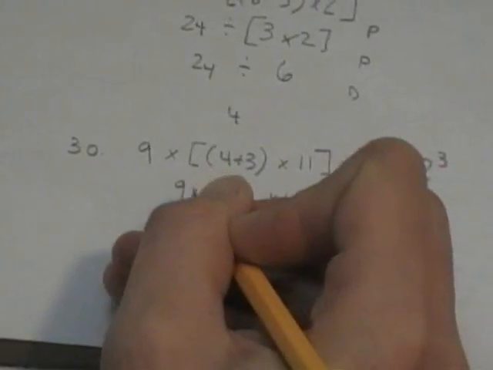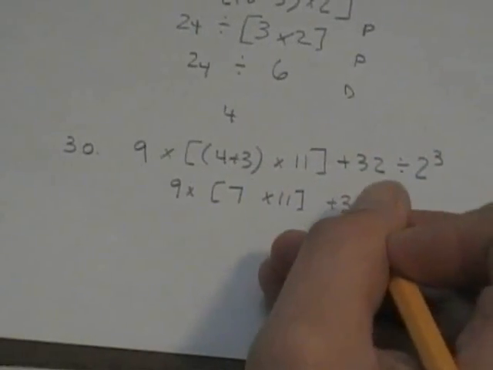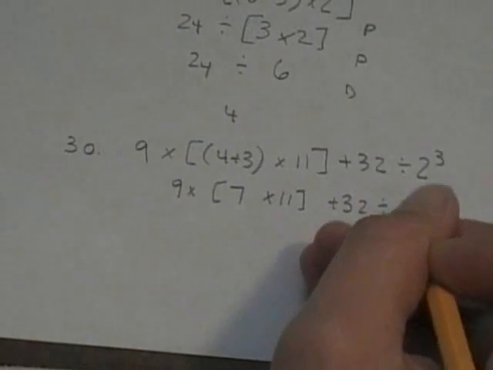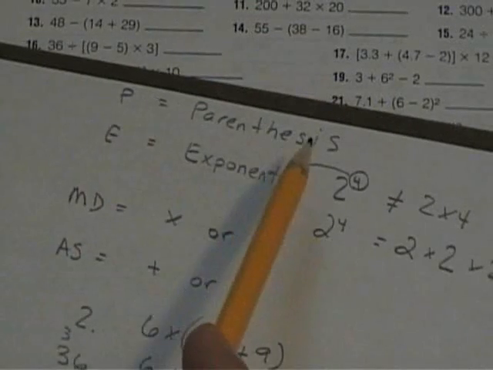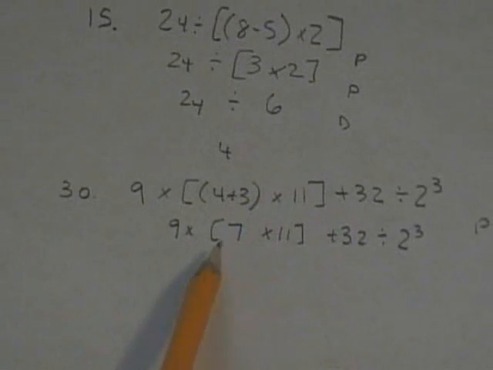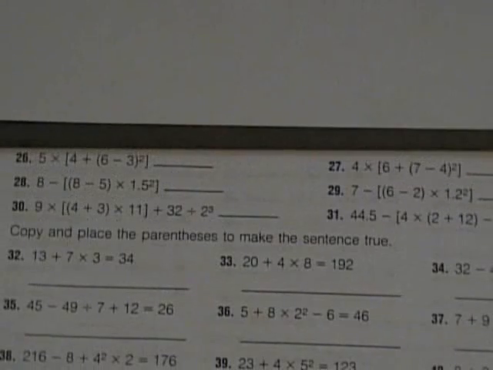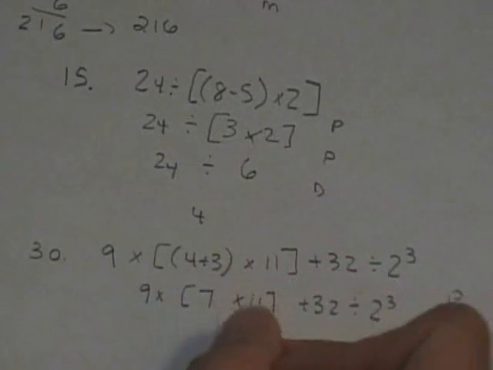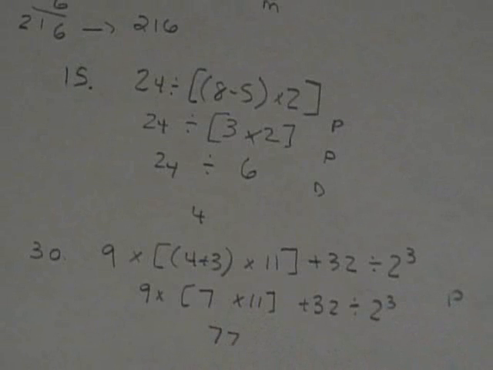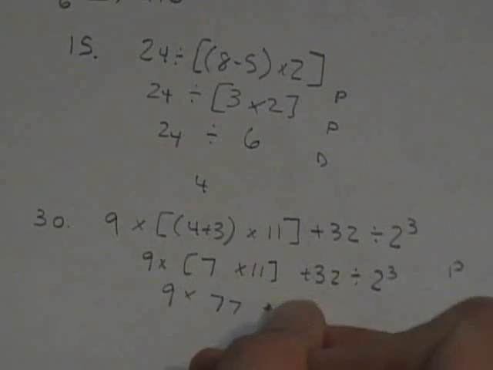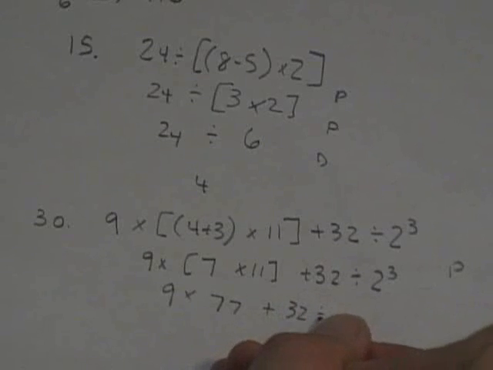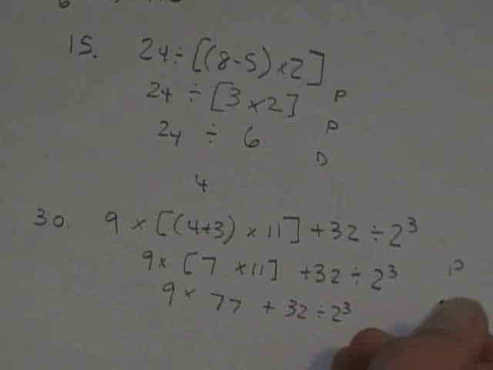I'm going to rewrite the whole problem because I want to make sure I don't leave anything out. So do parentheses. Are we done with all the parentheses? No, we've got this one. 7 times 11 is 77. Times 9. That gets rid of that parentheses, plus 32 divided by 2 to the third.